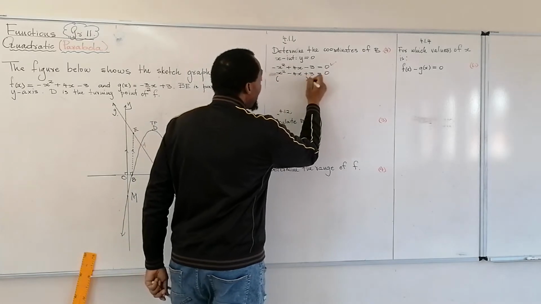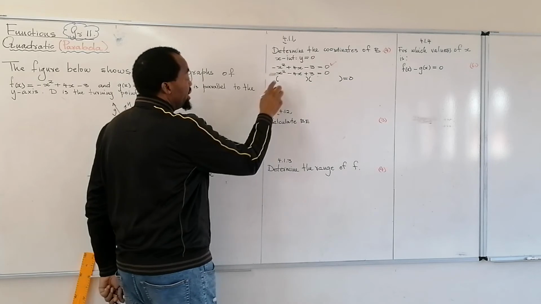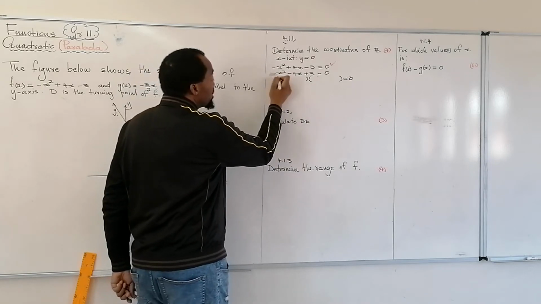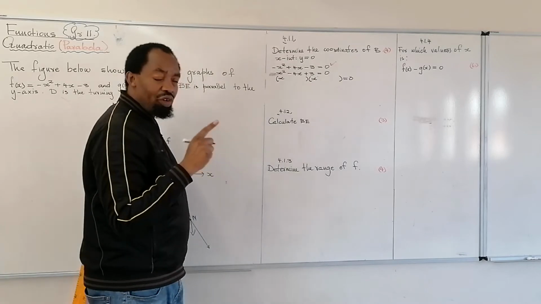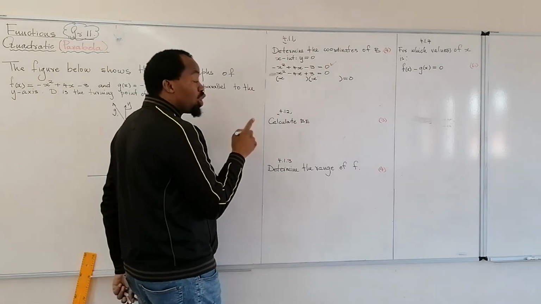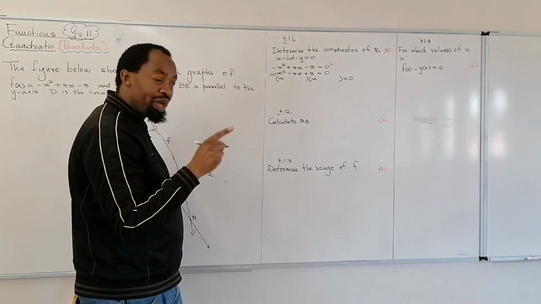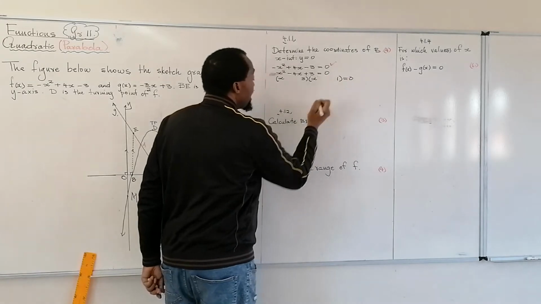Then, we factorize this particular quadratic equation. Factors of x squared are x and x. Factors of 3, remember now, 3 has got only one pair of factors. It will be 3 and 1.